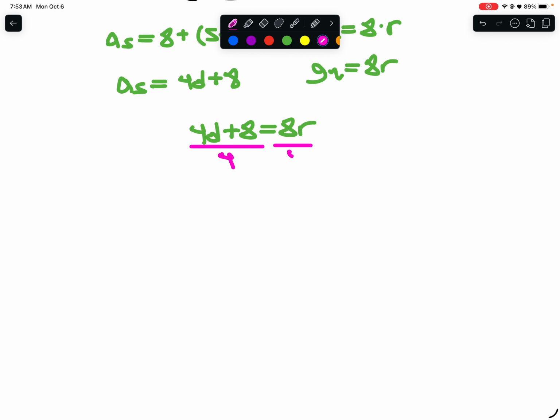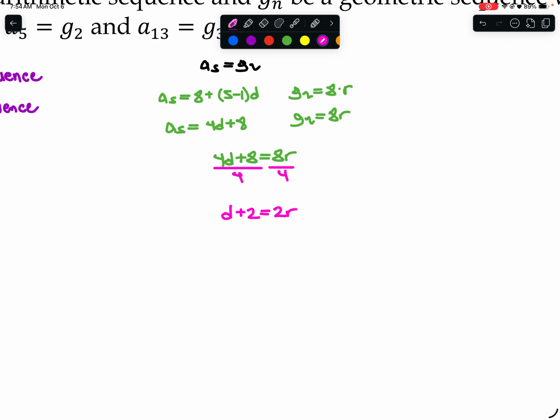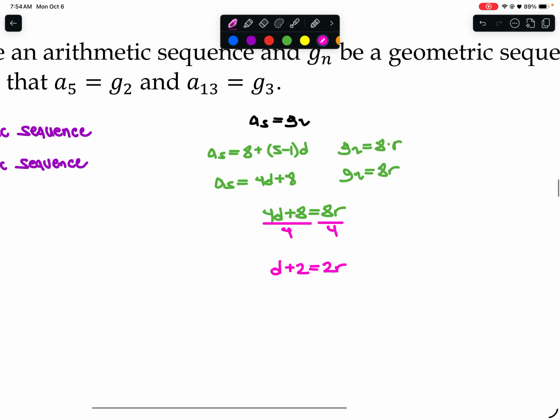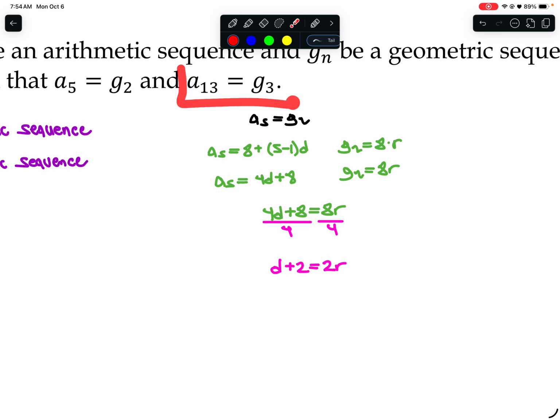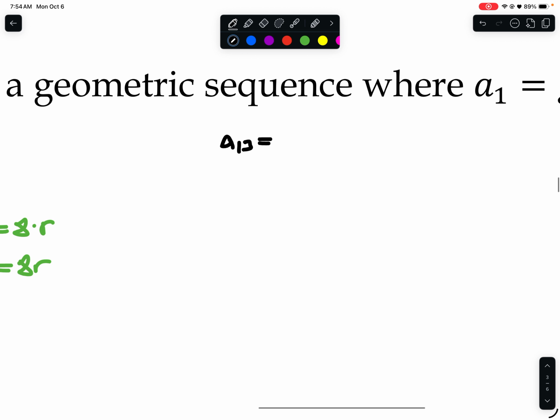So we're going to get d plus 2 is equal to 2r. So I have an equation with two variables. I can't really do anything with that yet. However, I do know I have another set. So I'm going to do the same idea over here. I have a sub 13, which I know is going to be equal to g sub 3.